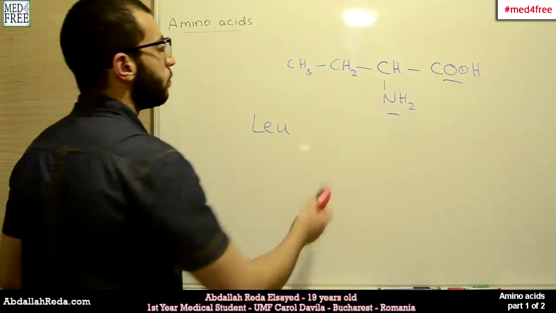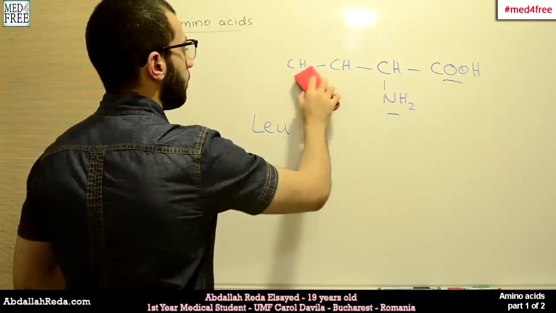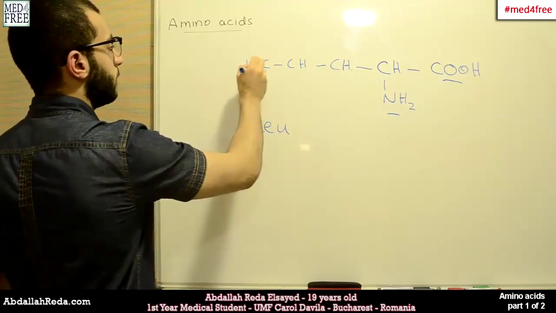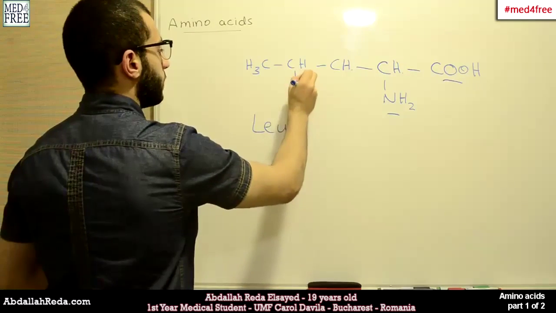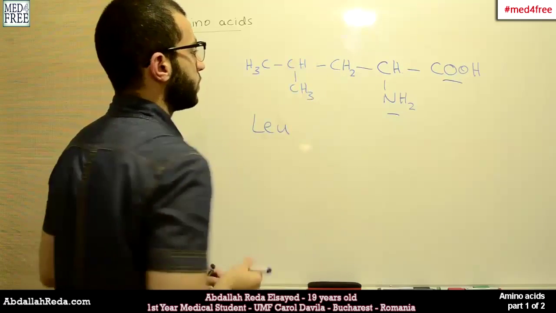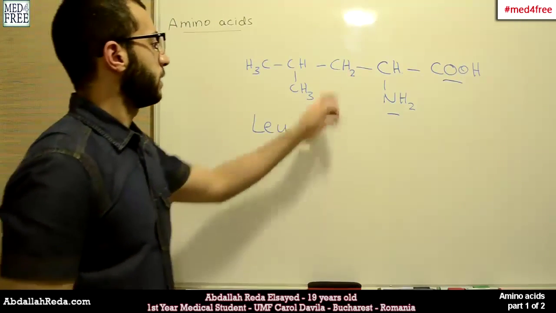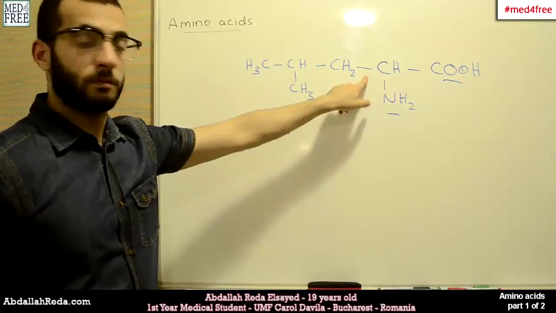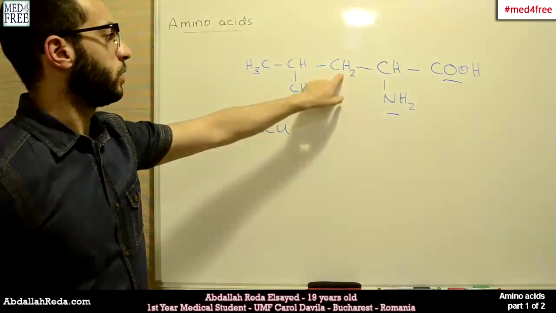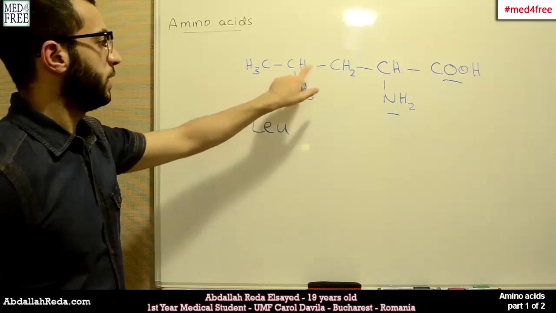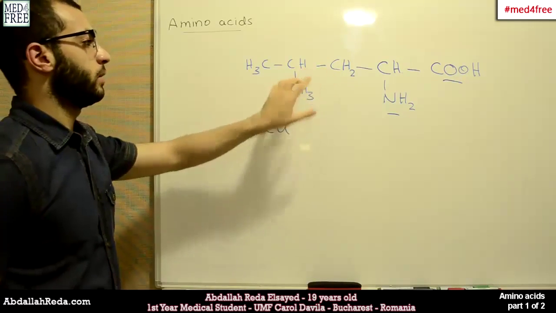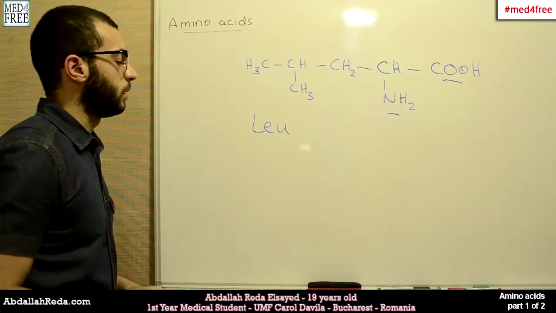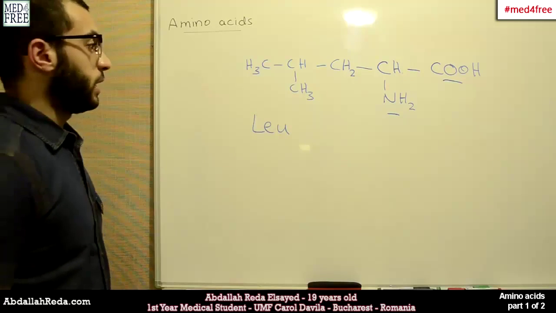We add 2 more methyl groups, one here and another one here, and this will be CH2. Why CH2? Because 2 bonds are given to the hydrogen, 1 bond here, 1 bond there, total 4 bonds, we're good. And here just 1 H because there are 3 bonds here and 1 given to the hydrogen. This is how you decide which number to give to the H's, or whether to write H's at all. So this is leucine.